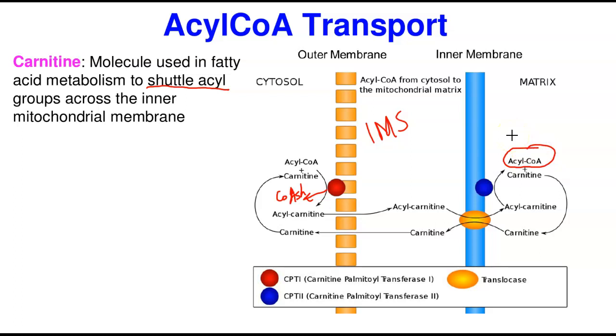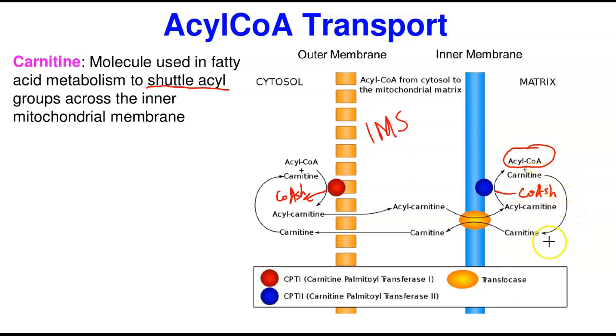What happens here? Another enzyme, which we call carnitine palmitoyltransferase 2, or CPT2, transfers this acyl group and removes it again. In that process, it brings back the CoA and transfers it back to the acyl group to form the acyl-CoA, and the carnitine is now free.